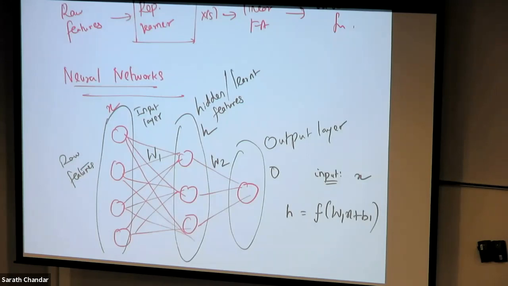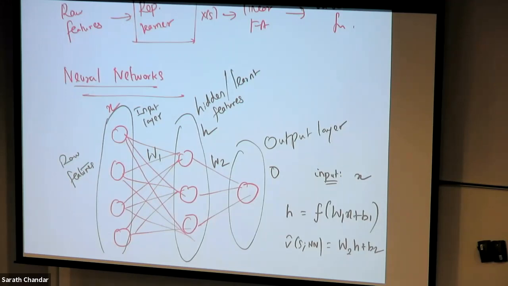Now H is the new representation for the state, right? So once I have this new representation, which is learned, I can pass this to my value function approximator. So my V of S, given the entire neural network, is basically, let's just say, W2H plus B2. Is that clear?